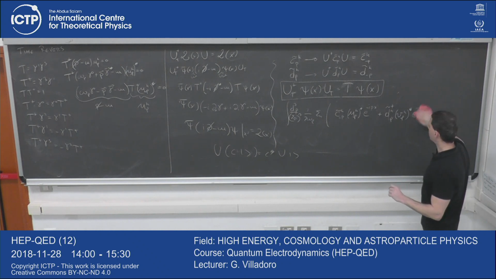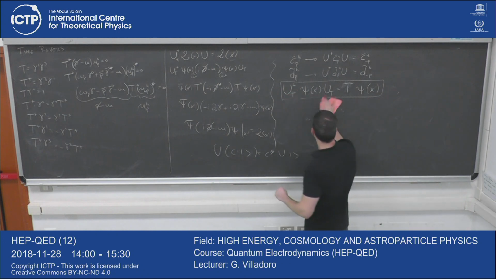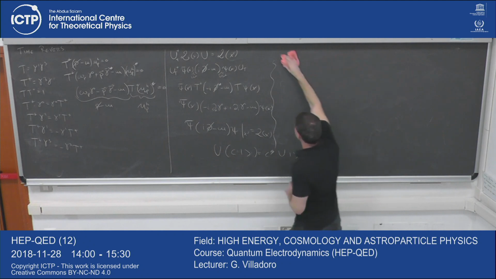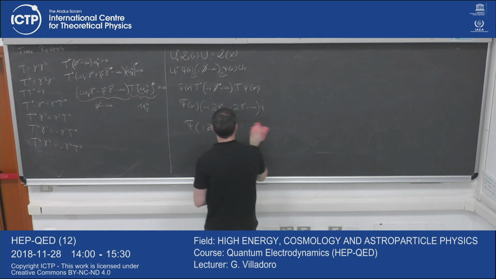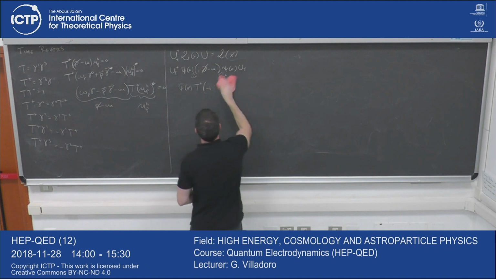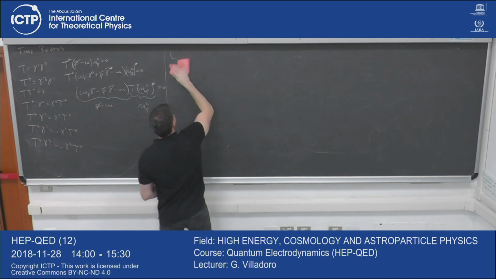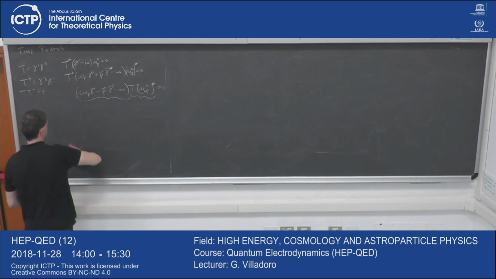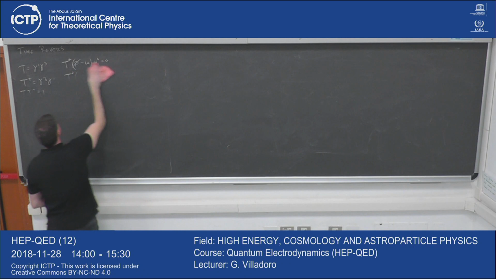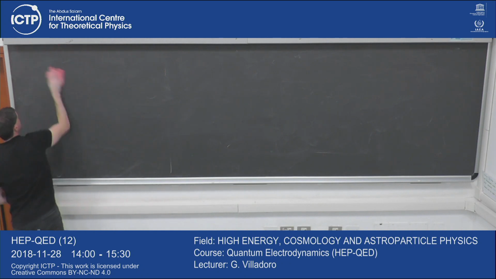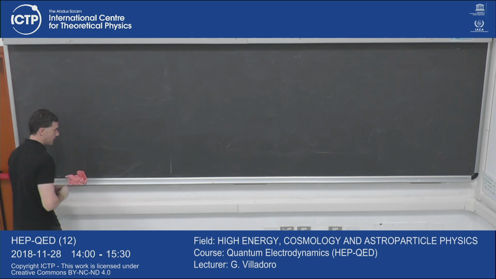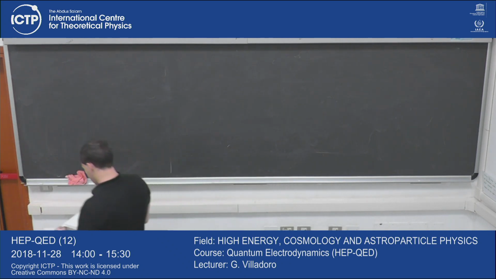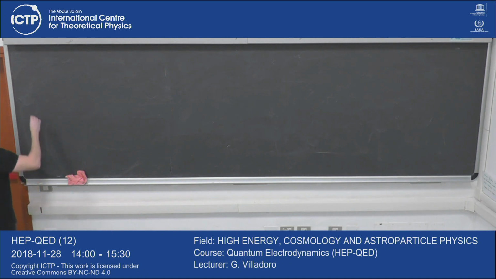Okay, so now I summarize all the symmetries, so you have all the results together. Let me make a list of all possible fermion bilinears.